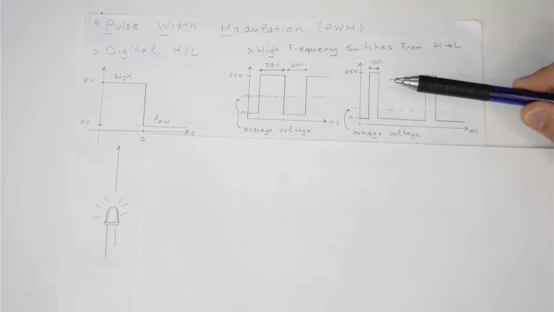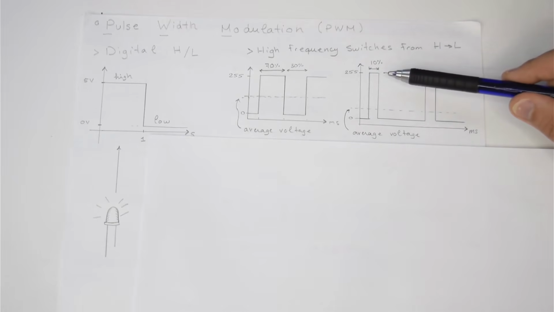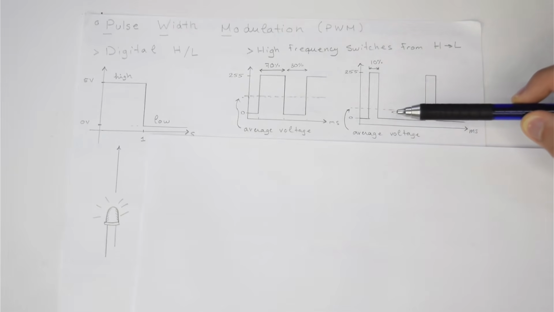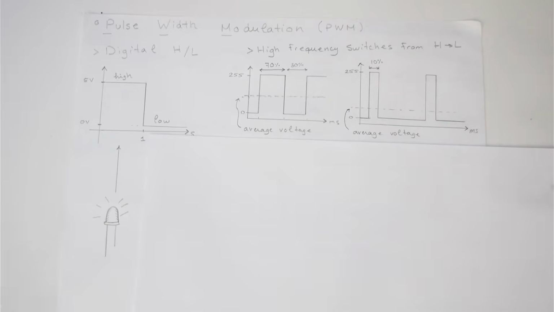If you multiply the peak voltage by the duty cycle, which is this here, you'll get the average voltage, which is here. And that average voltage is what we will emulate when we get, for example, a lower brightness on the LED.